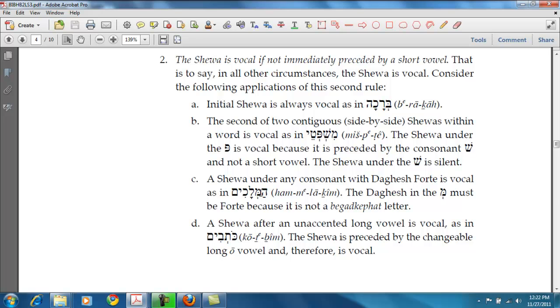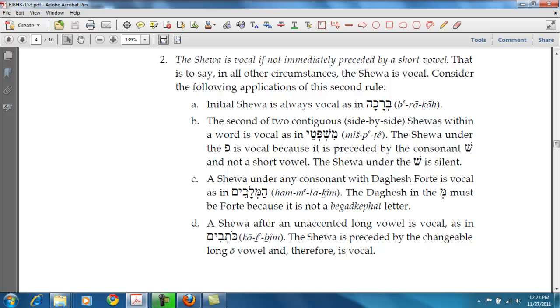So basically, when you're looking at this, the shava under this mem is vocal. If you're transliterating, it's going to be H for the hey, A for the patach, M for the mem, because you have two mems, a doubling. That breaks another syllable, another mem with a shava, you get that superscript E. And then another syllable starts with lamed, and then a long A. The next syllable starts with a chaf, which is a soft chaf.